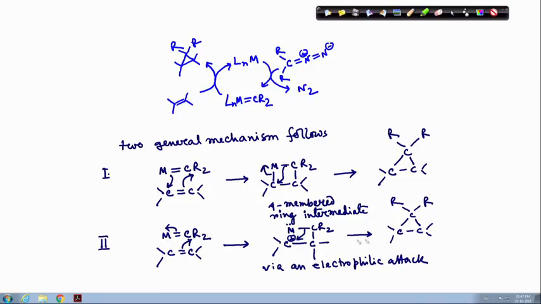Otherwise, if this bond formation step is not fast enough, then there will be a chance to rotate around this carbon-carbon single bond, and overall the stereospecificity will not be maintained. But we found that these reactions are generally highly stereospecific. So, the transition metal carbenes can form the cyclopropane through these two general mechanisms.